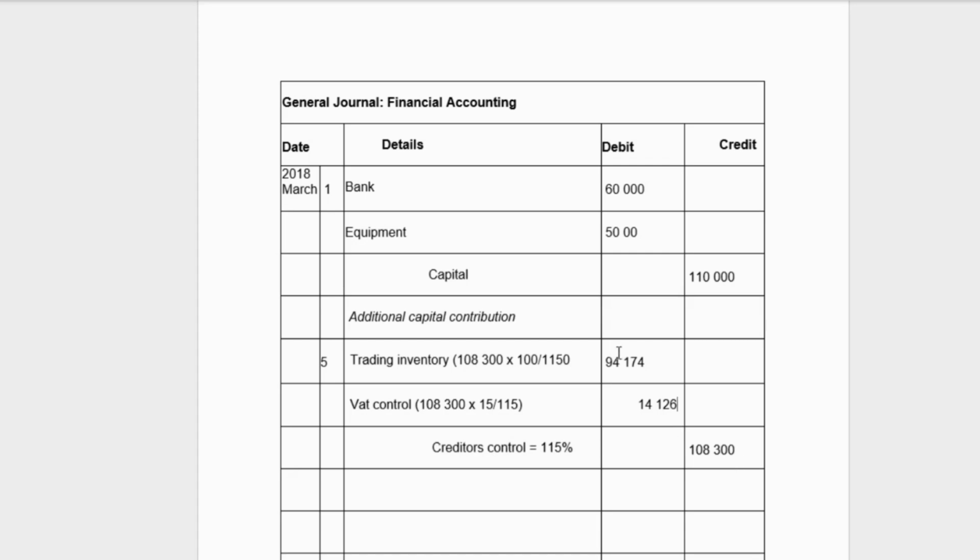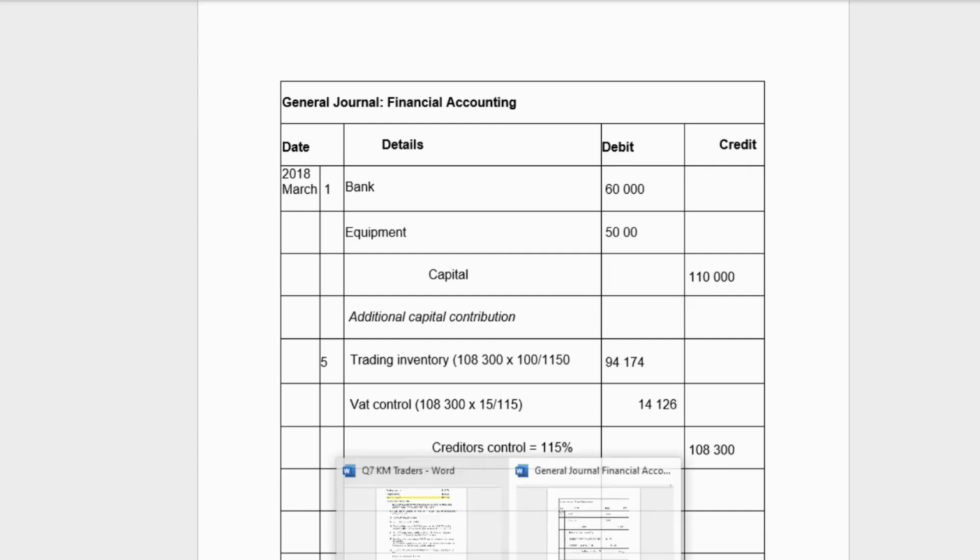Yes. And then when you edit the Q, remember they must give you a total of this creditors control. 94,174 plus 14,126, right? You are getting 108,300. Right? This is how you record transaction number 2 that happened on the 5th of March.